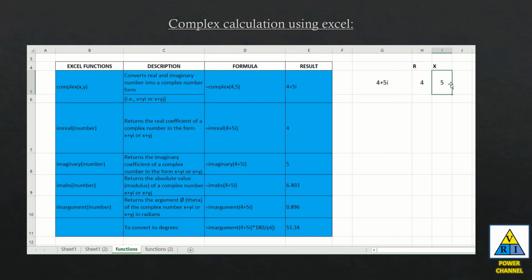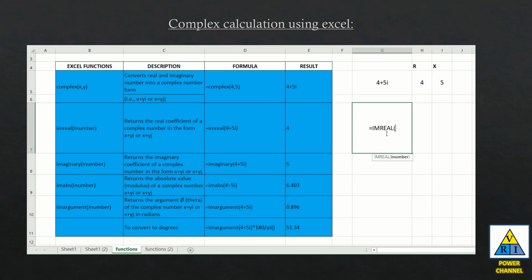The next function is IMREAL, which returns the real coefficient of a complex number in the form x plus yi.